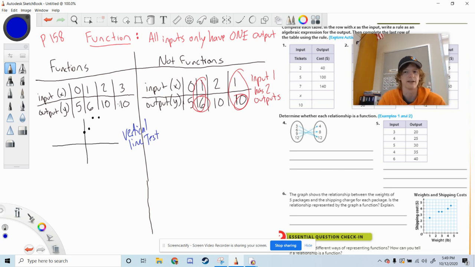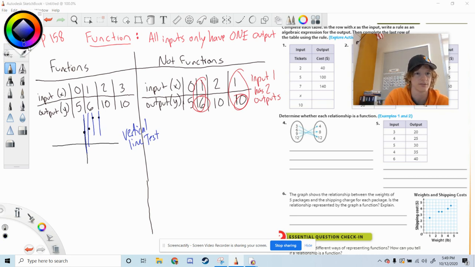If you've been doing number 8 on Mountain Math, we've seen a lot of these already. But let's talk about the vertical line test. That's where you can draw vertical lines. And if you only hit one point on any vertical line, then it's a function. So this passes.